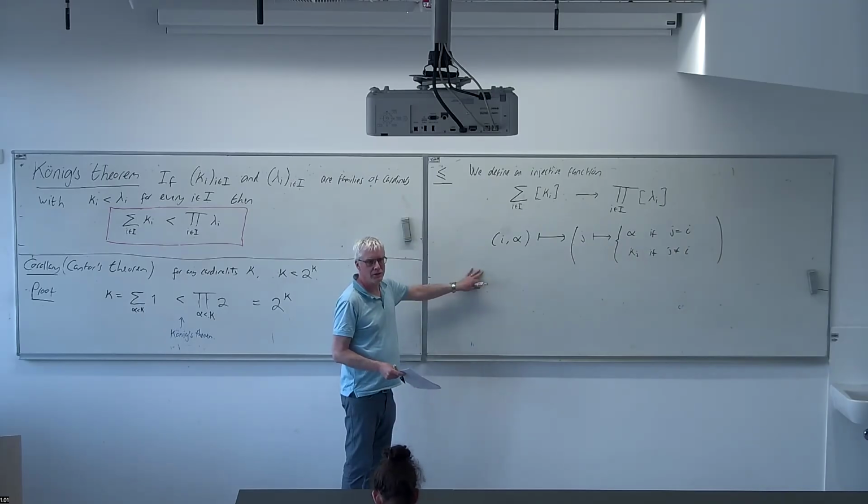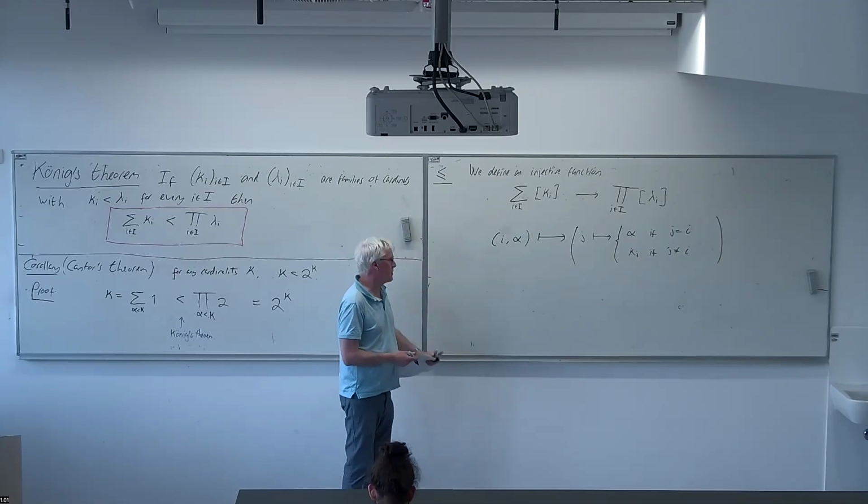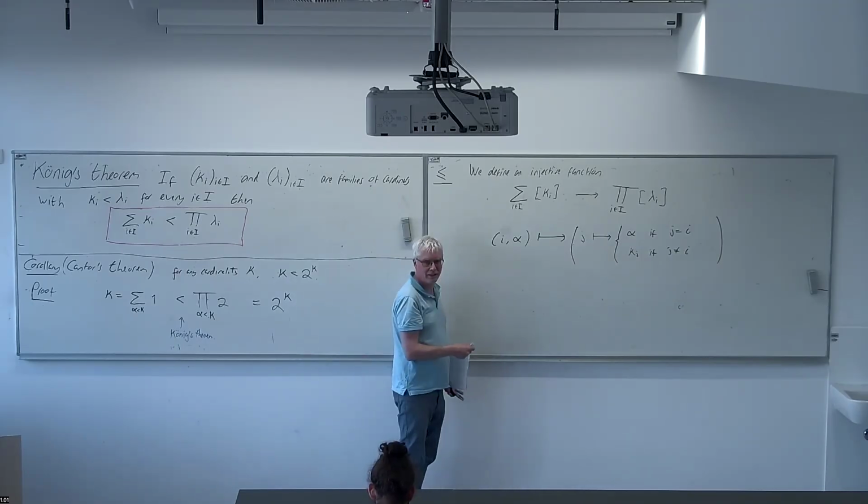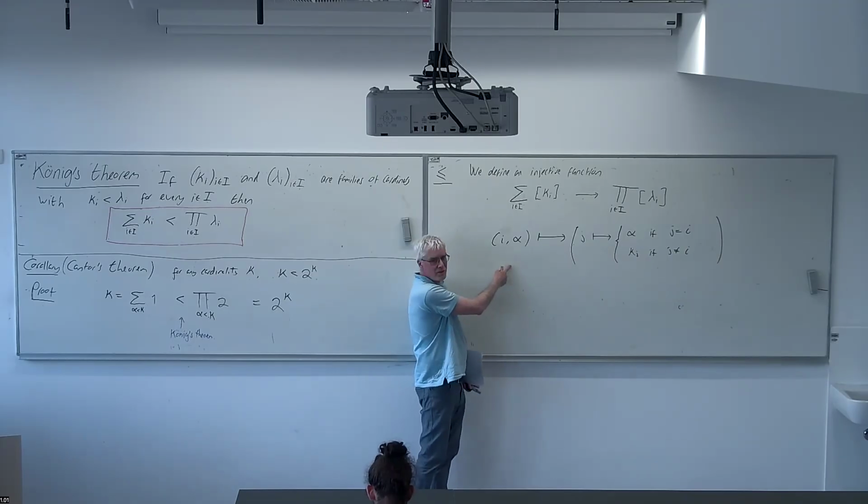And then you check that this function is injective. For you to understand what's going on, I suggest you check this for yourselves. I mean, I could explain now. It's very simple. It's just a case analysis. You assume you've got two non-equal things here, and they can be non-equal in two different ways.